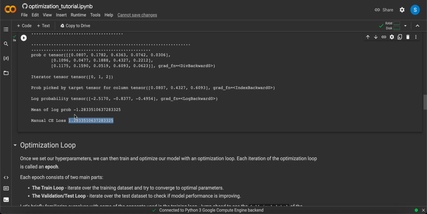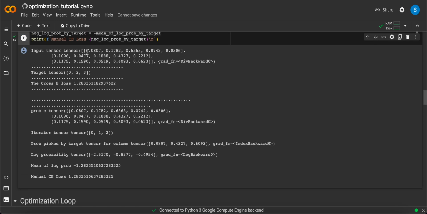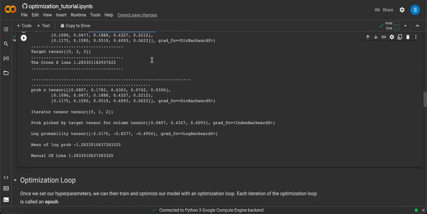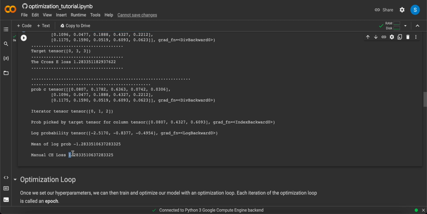Now 1.28 is our total loss on this one iteration of whatever we did right now. The goal of the network is to minimize the loss. So these probabilities up here become much more accurate by minimizing loss. 1.28 is not a bad loss in general, but you would want to get much closer to zero as much as you can.